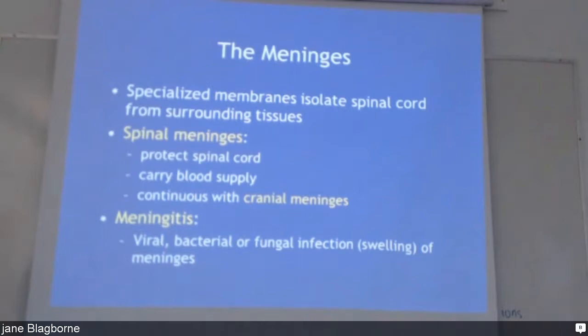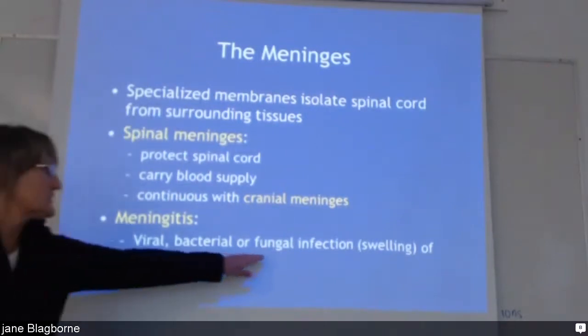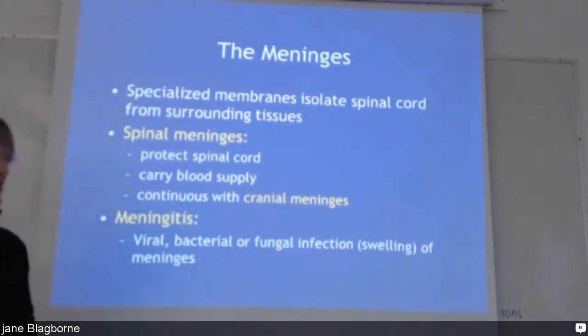There's viral meningitis, where people have to recover by themselves. But there's bacterial meningitis as well, and those can be treated with antibiotics. Fungal meningitis is more common in the tropics, so we don't often hear of it here.